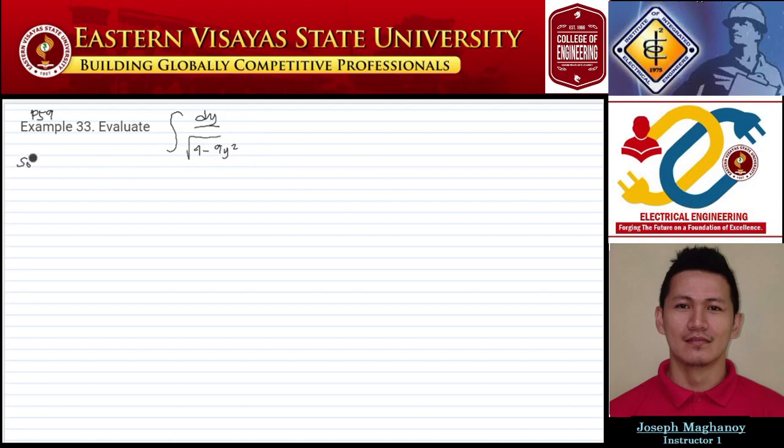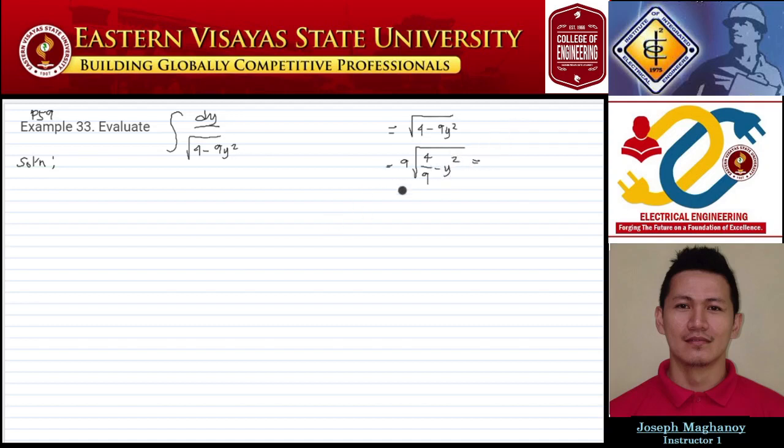So for our solution, again, we need to simplify certain function first. For the numerator, no need. For the denominator, we'll focus on the square root of 4 minus 9y squared. We can expound this into 9 square root of 4 over 9 minus y squared.